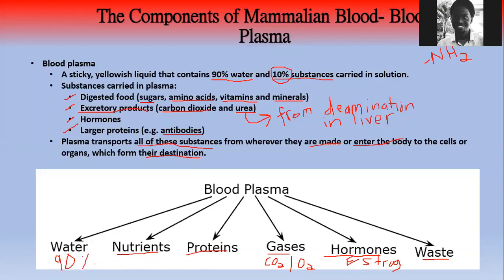All these hormones we would come to later on in biology, but all of them are transported in blood plasma. Then we also have waste products like urea, from deamination in the liver, that is transported in blood.